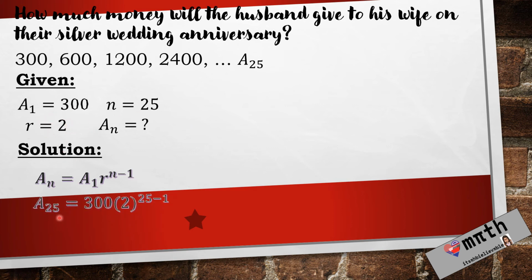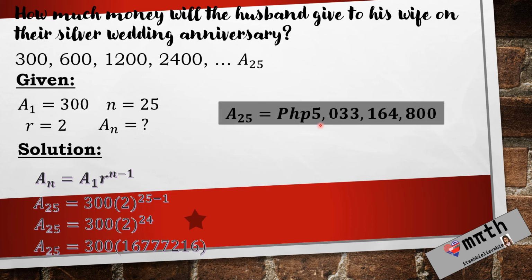That would be A sub 25 is equal to 300 times 2 raised to 25 minus 1. Then 25 minus 1 is 24. Then 2 raised to 24 would be equal to 16,777,216. Let us multiply it by 300. That would be equal to 5,033,164,800. So this will be the total amount the wife would receive on their 25th wedding anniversary.